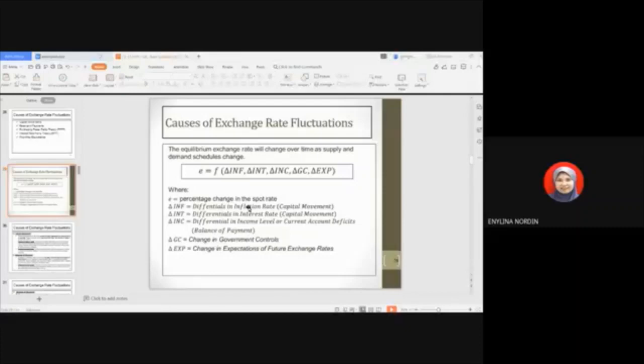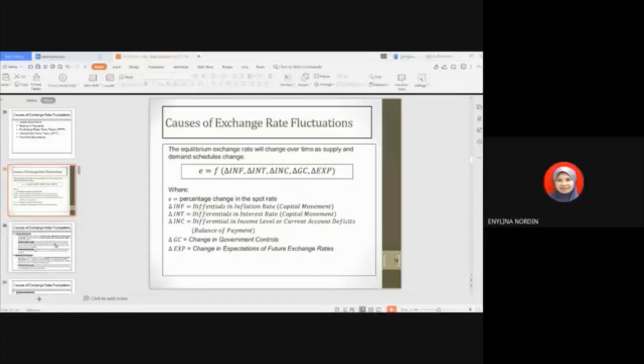By taking into consideration all these factors, we will get a new value of the exchange rate. Those factors influence the equilibrium of the exchange rates.